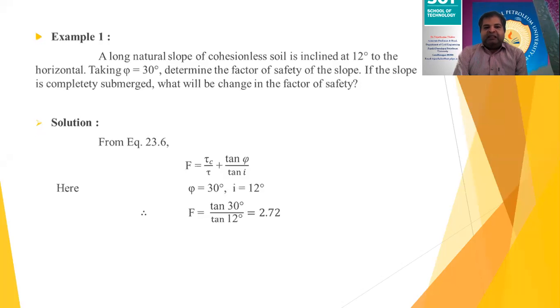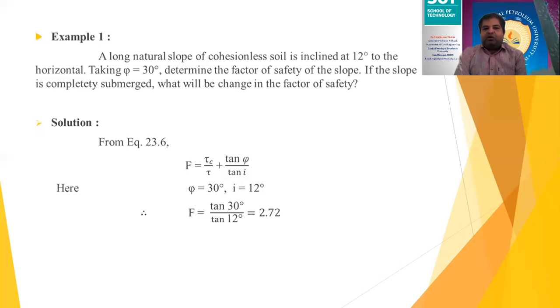So basically in this particular example, number one, this is a cohesionless soil case. Second, the slope is inclined at 12 degree with the horizontal. No height of the slope is given, so you can assume this is the infinite slope case. Value of phi is given, which is 30 degree.